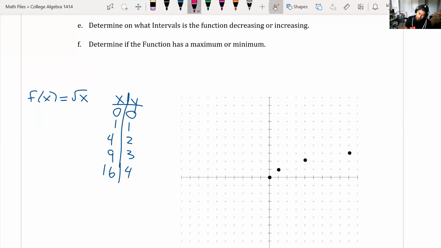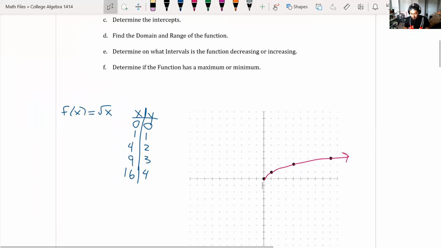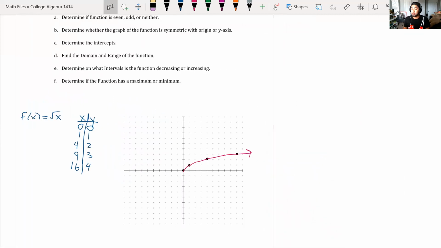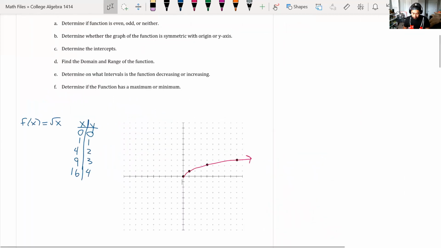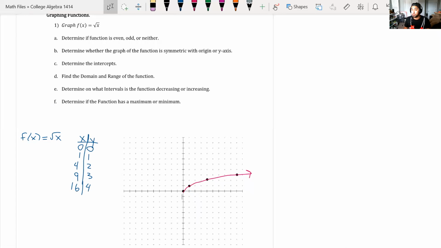All right. And then connect. And that is what the square root of x looks like. Now, since it is graphed, we can go ahead and answer the questions above.